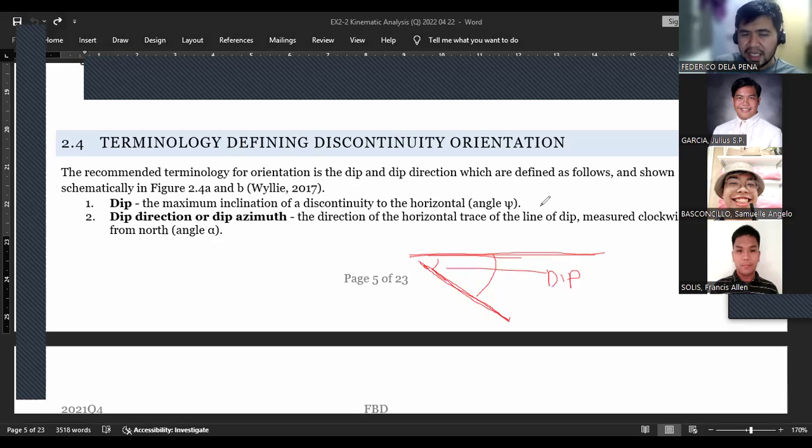It's essentially the same as the dip that we refer to in your classic geology. The second one is the dip direction or dip azimuth. Okay? This one refers to the direction of the dip using azimuth format.